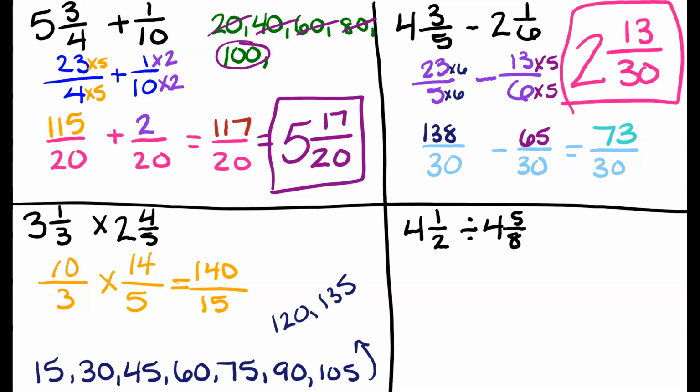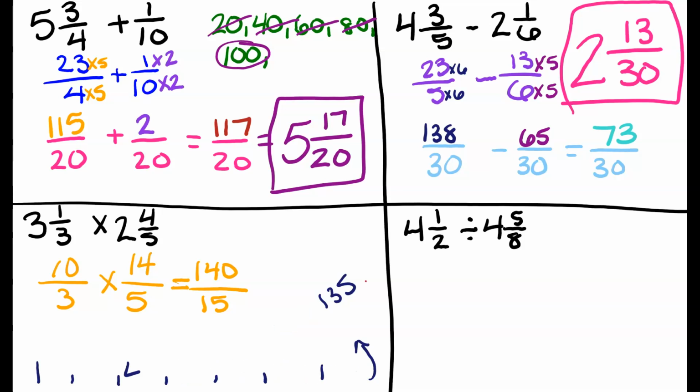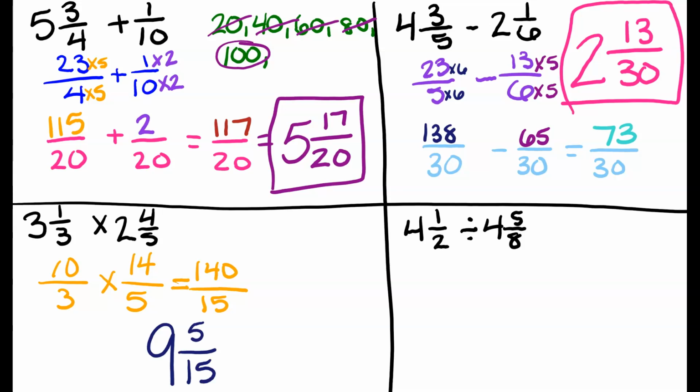Oop, that's as close as I can get without going over. So 15 can go into 140 1, 2, 3, 4, 5, 6, 7, 8, 9 times. So 9 is what I'm going to pull out. 9. 140 minus 135 gets me 5 over 15.